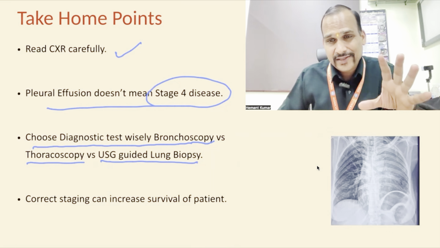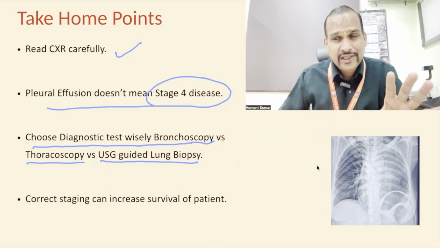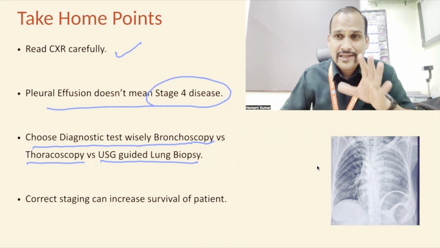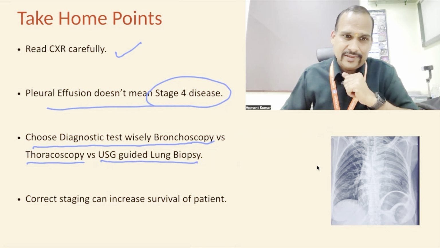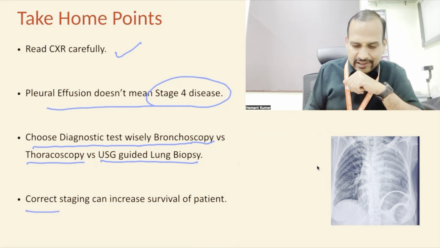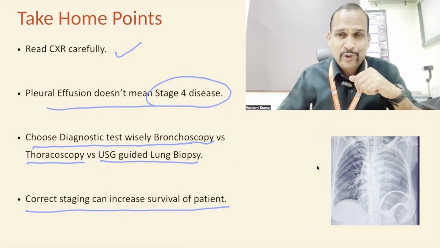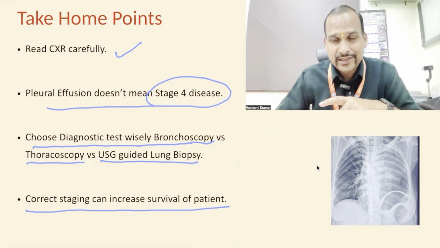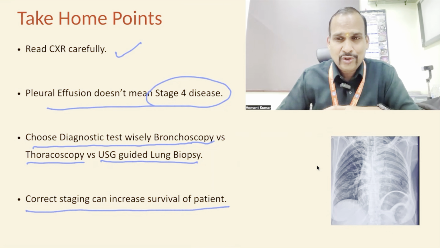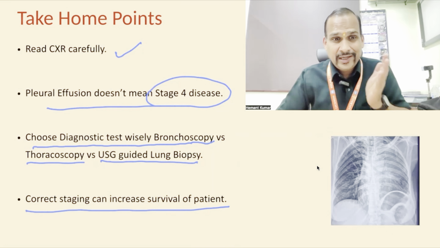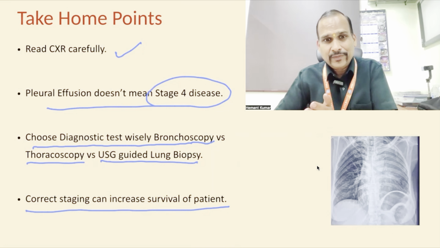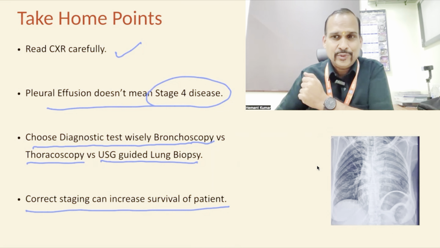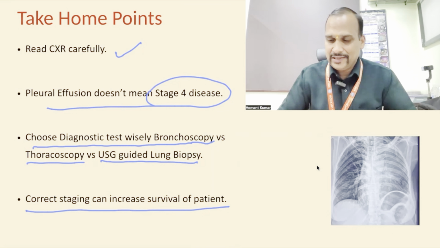So choose wisely which procedure will give a definitive diagnosis in the early phase itself. Correct staging can increase survival of the patient, because in this patient pleural effusion was there, but the pleural effusion was not due to malignancy. So correct staging can lead to better survival as compared to advanced disease.